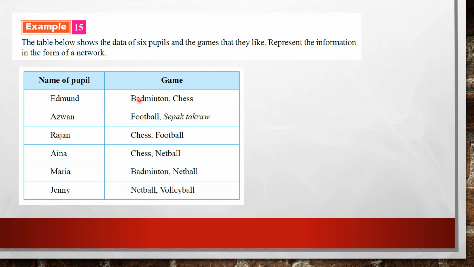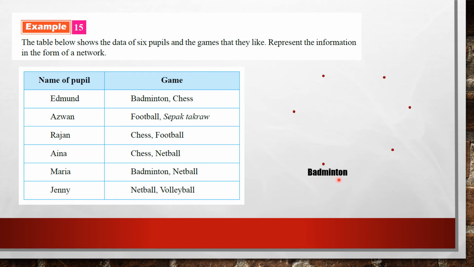So in this case, you can take the vertices, okay, the vertices are the games. The vertices represent types of games. So first, you put the dot, okay, dot for the vertices.